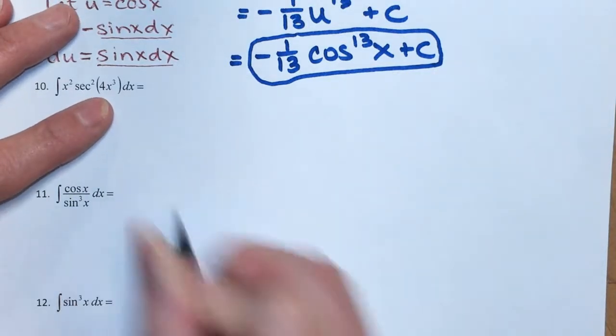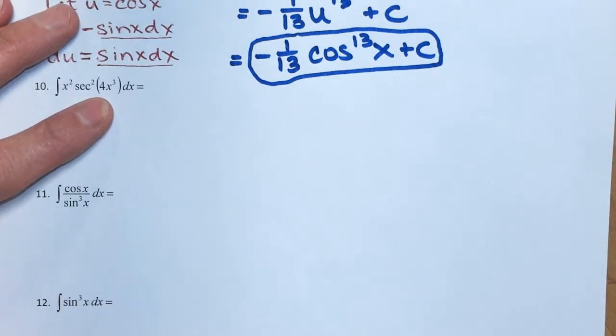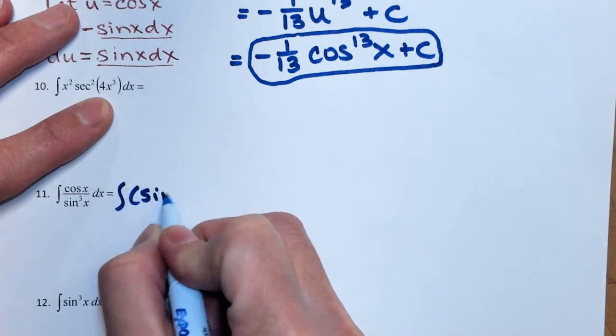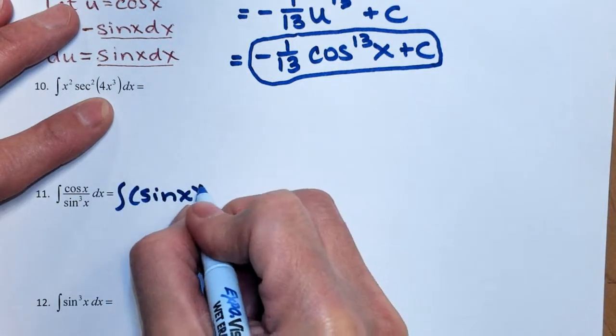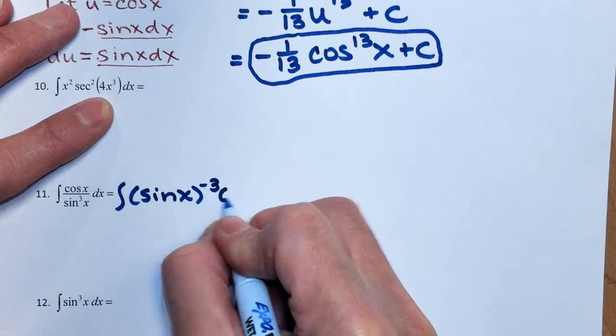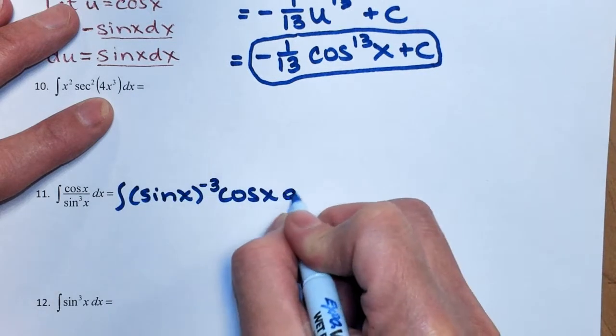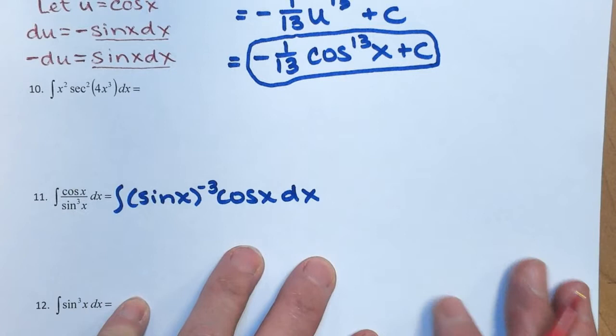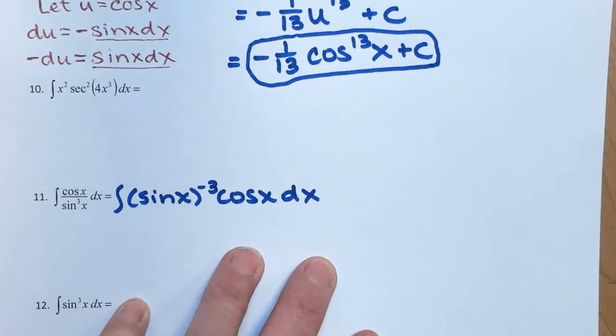So how does that work? Well, remember, I could rewrite this equation as sine x to the negative third cosine x dx. And then this is a problem very similar to problems 8 and 9. What would I make u? If I were doing a U-substitution, what would I want u to be?